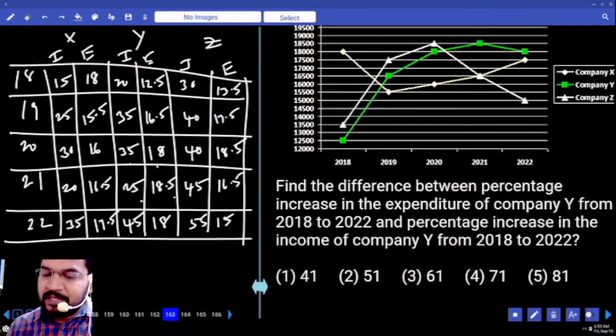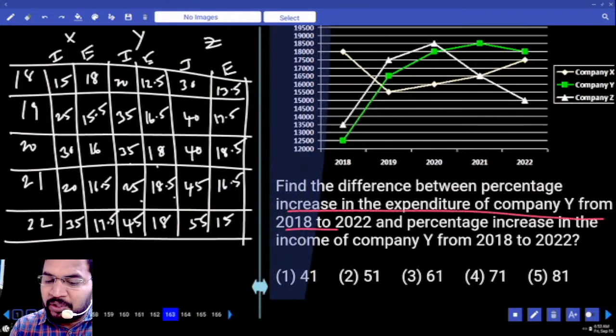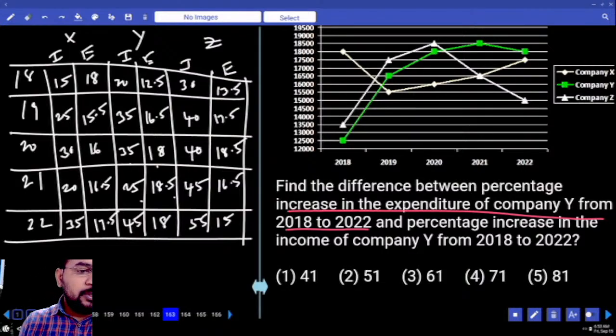Next one. Find the difference between the percentage increase in the expenditure and income of company Y from 2018 to 2022. The 2018 expenditure is 12.5 and 2022 is 18. How much increase?